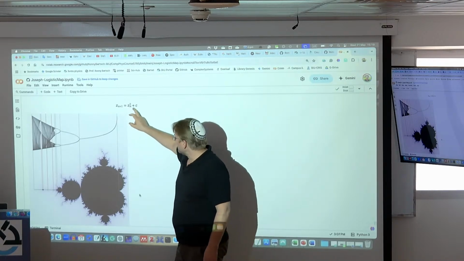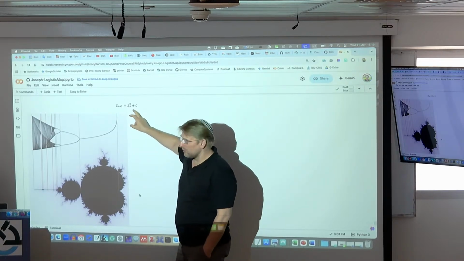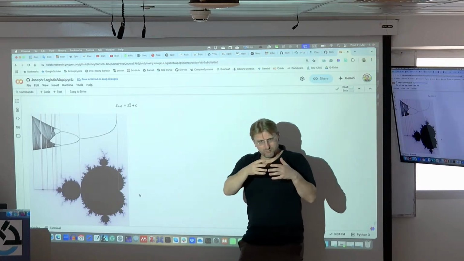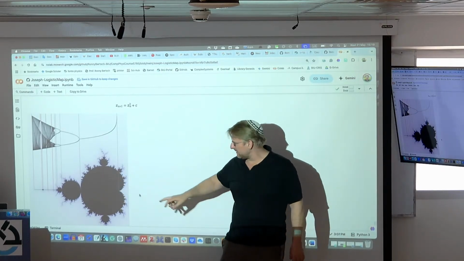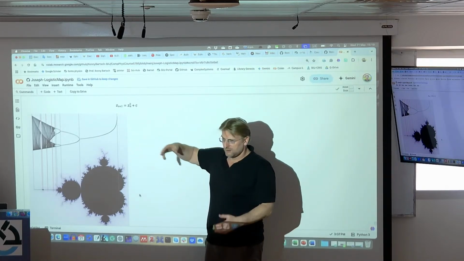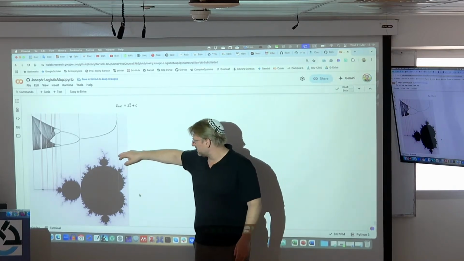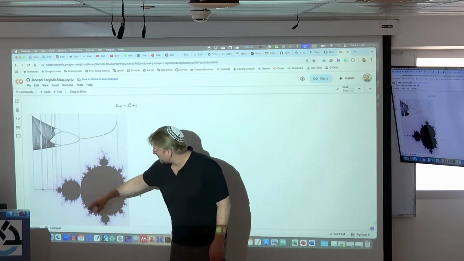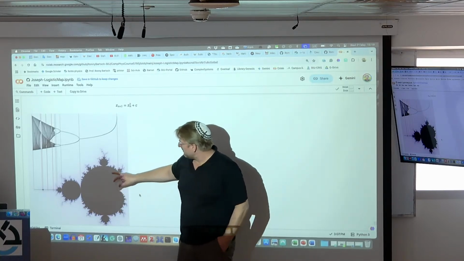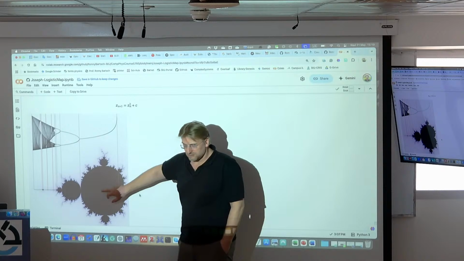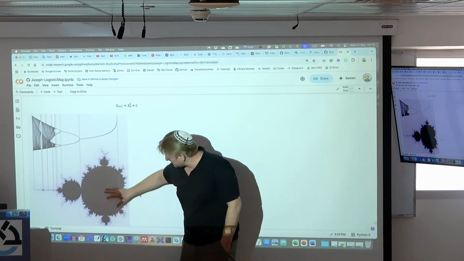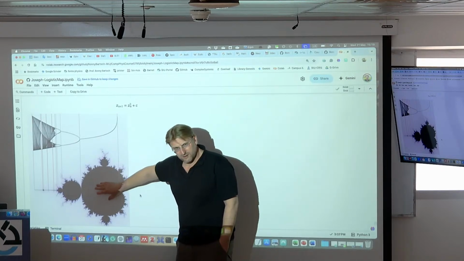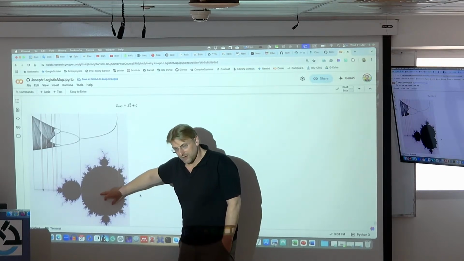And when you have something that converges to a stable point, you color it in black, and everything that diverges, you don't put in black. Okay, so this is the whole complex plane. And when you have a convergence to a single value, this is all what you see here. All this big body is when it converges to a single value.